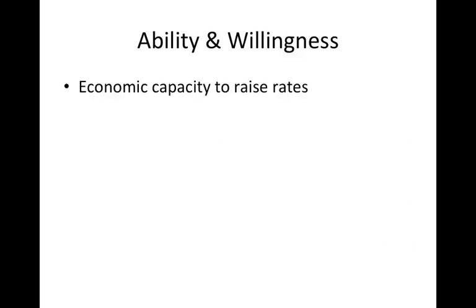So what other kinds of issues are important here? This issue of ability and willingness, they're not the same thing. Ability can mean legally they can raise rates, or you look at their rates and you compare them to the rates of other governments that are nearby, and their rates are low, which gives you the sense that maybe there's some capacity to raise rates more, or you see that the economic base is growing, and so they have the potential to raise some more revenue here.